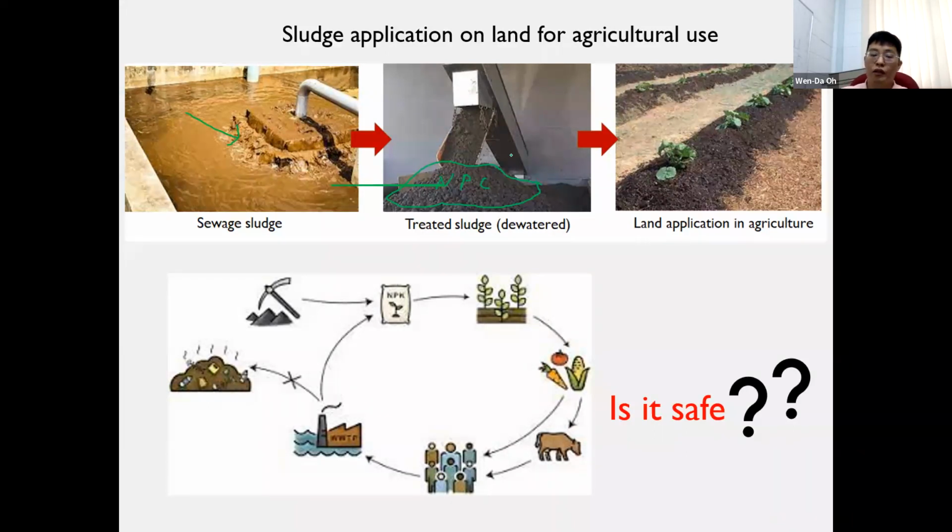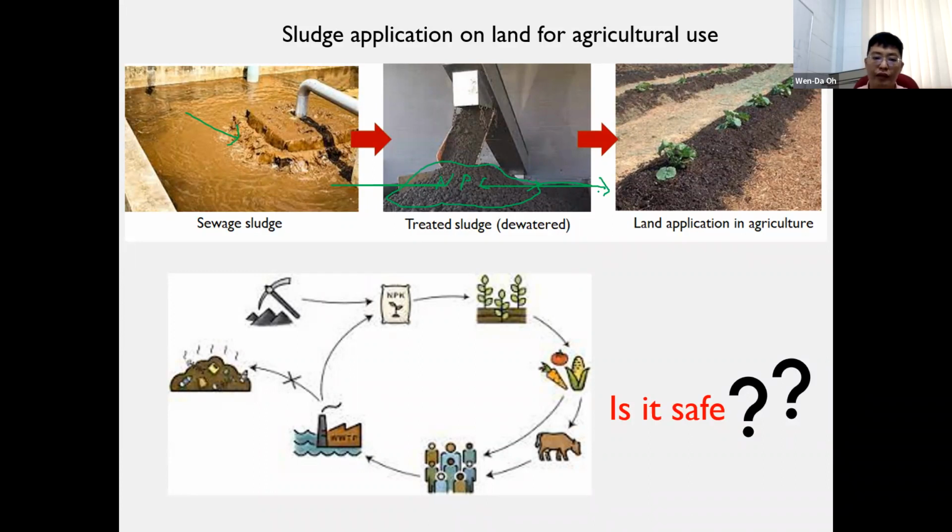So many areas like to use this sludge and apply it in land application, like agriculture. They use it to grow a lot of plants. I know in certain parts of Malaysia they actually did this. In Indonesia, if not mistaken, I've heard that some people do this too.